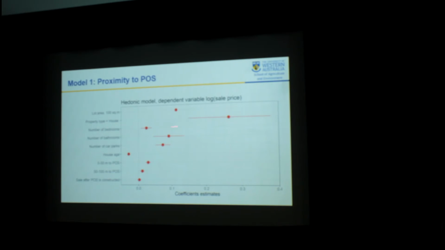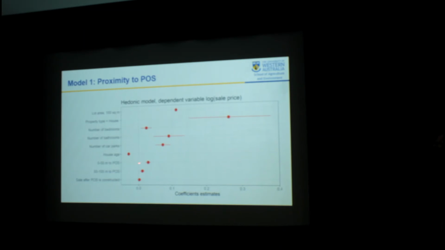House versus lot, because this is modeled for both lots and houses: the price is about 25% higher. Every bedroom adds about 2% to price, every bathroom adds 5 to 10%, every carport adds some price. With age, every year we lose that much price.